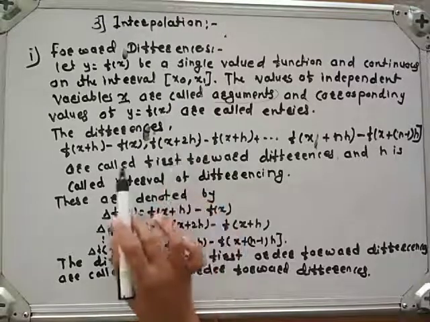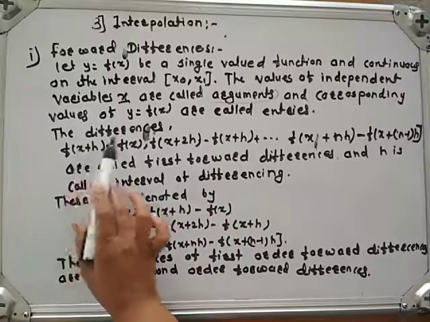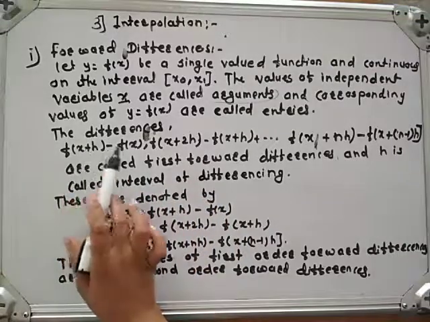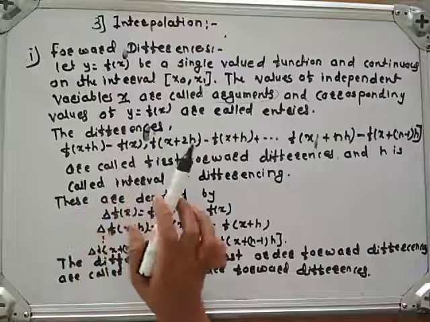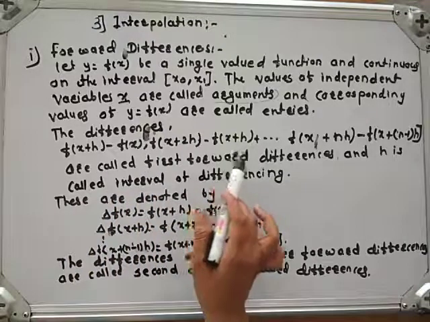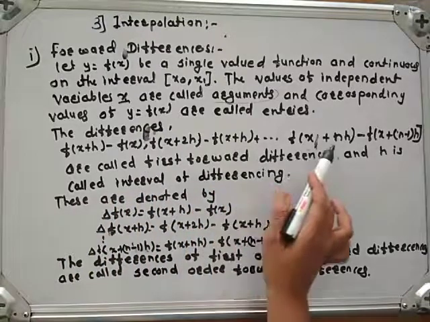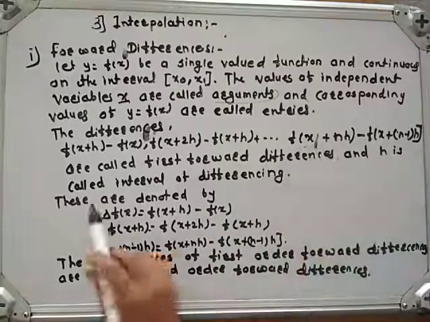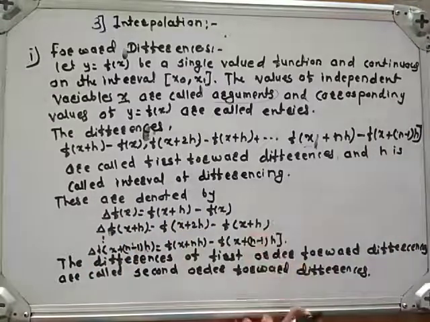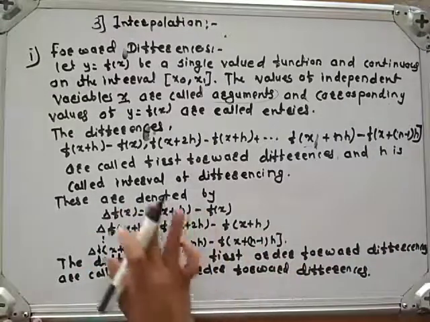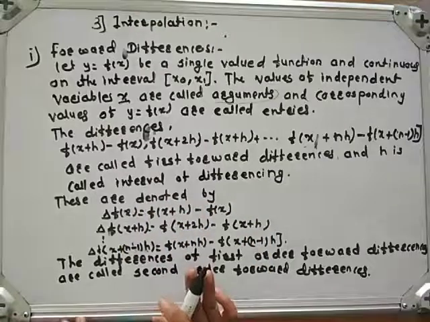The differences f of x plus h minus f of x, f of x plus 2h minus f of x plus h, and so on up to these are called first forward differences, and h is called interval of differencing.